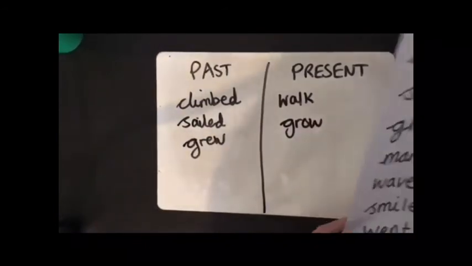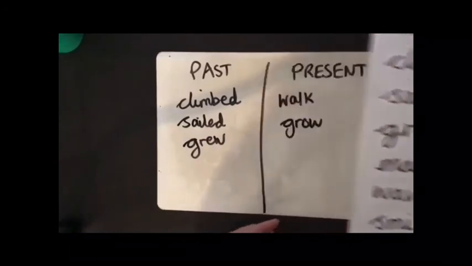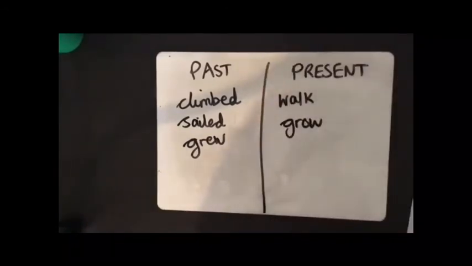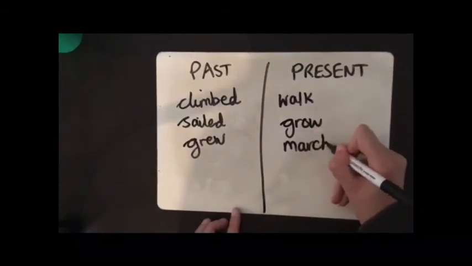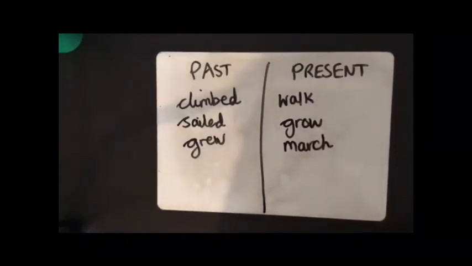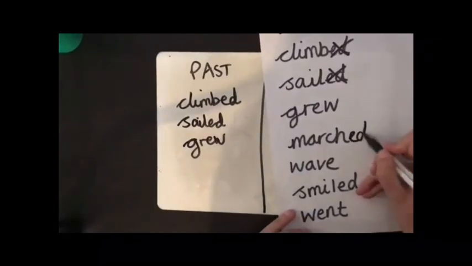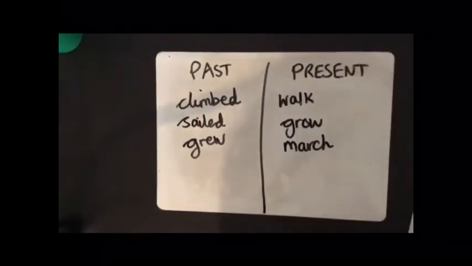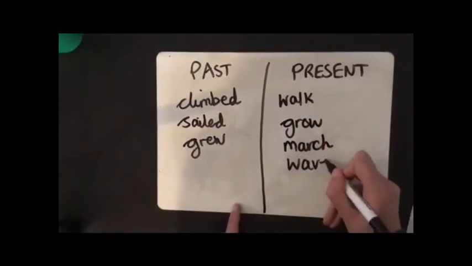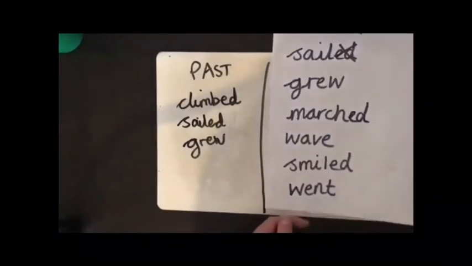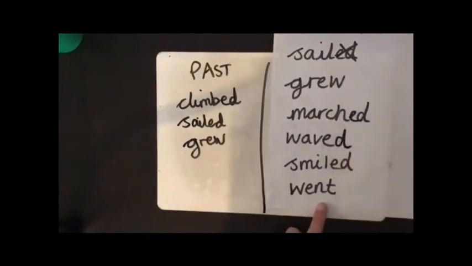Okay, the next one, march. March, past or present? It's present. If it was past, it would have an ed on the end for marched. Wave is present. If it was past tense, it would have a d for waved.